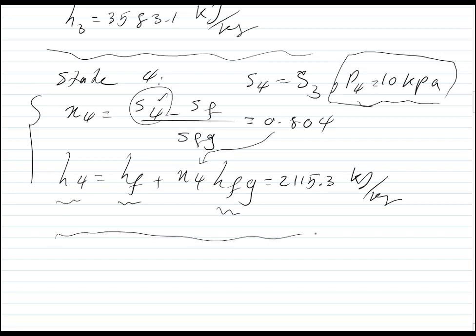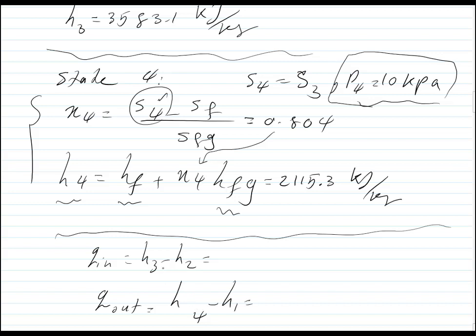Now we have all of the enthalpies, so we should calculate Q in and Q out for the cycle presented in part C of the question. So Q in will be equal to H3 minus H2. Same as the previous step, we can calculate this Q in and Q out. We have H3, H2, H4, and H1.